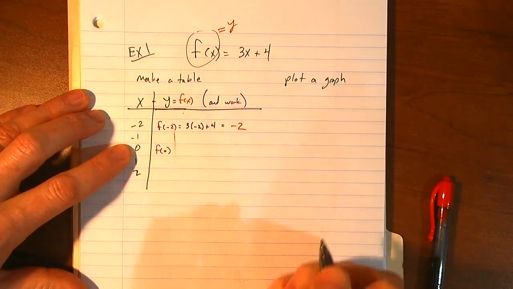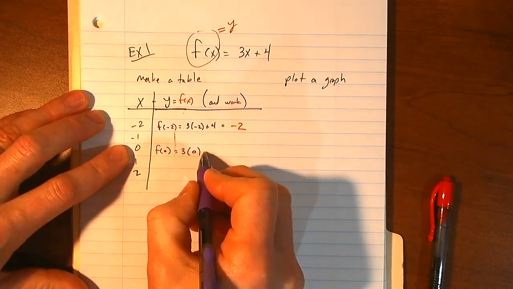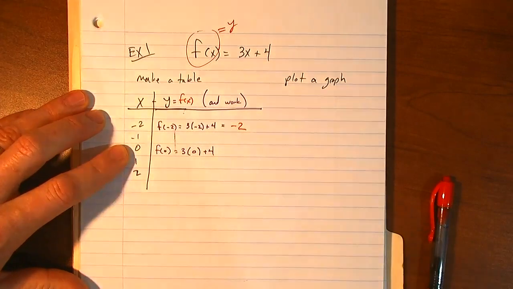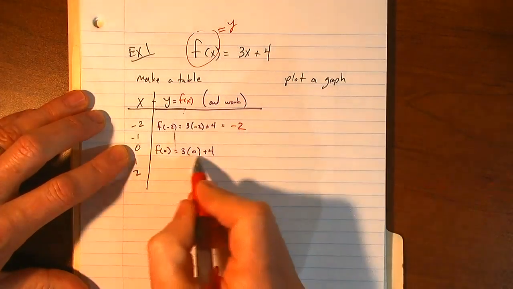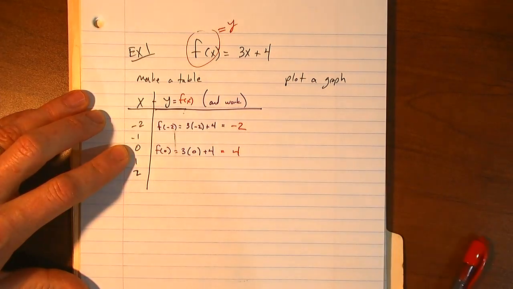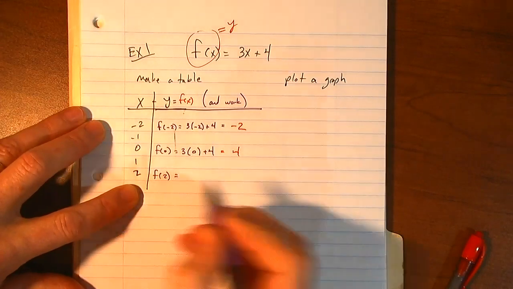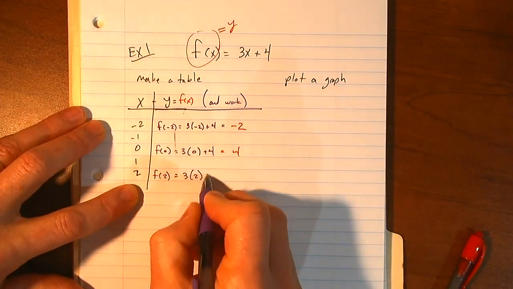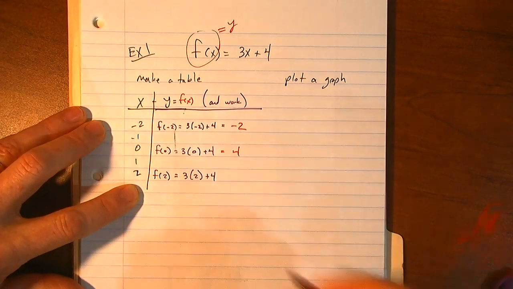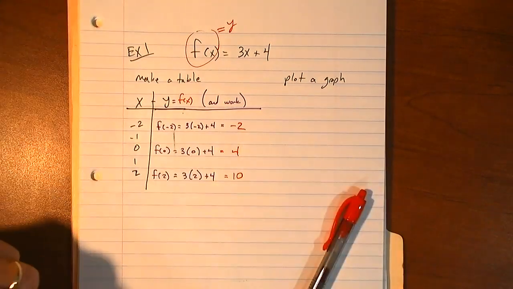I would do f of 0, which means I'm going to take my equation, and where the x is, I'm going to replace it with a 0 in parentheses. And then I'll simplify this using the order of operations. I'm going to get 4, it looks like. Okay, then I'll come down to this one. Those were the 3 that I said I was going to do. But if you did the other ones as well, that's fine. Okay, but that's basically what I would end up with.